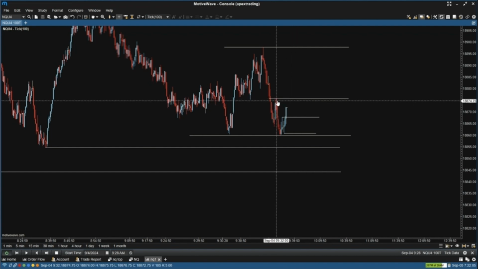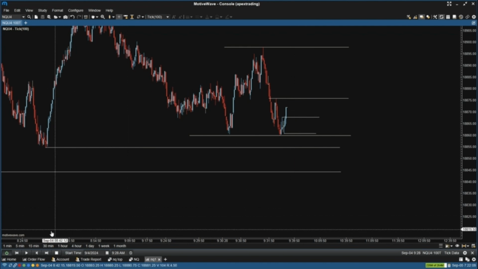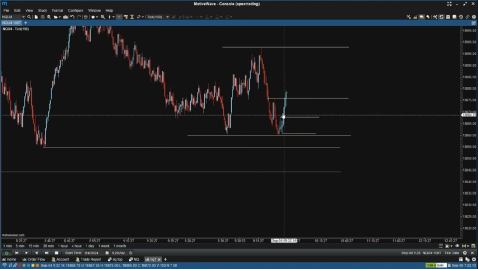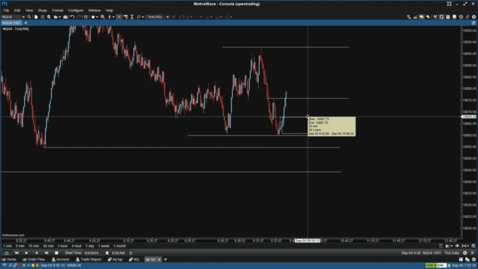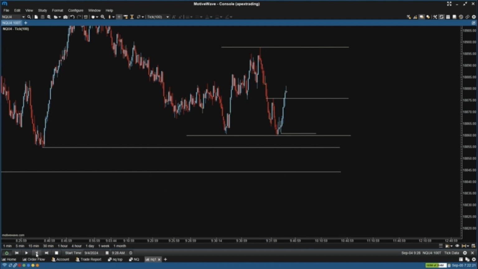But we have this structure. I'm waiting for this structure to break with momentum. Okay, as we can see, it's breaking. Give me some momentum candles. Okay, a doji.